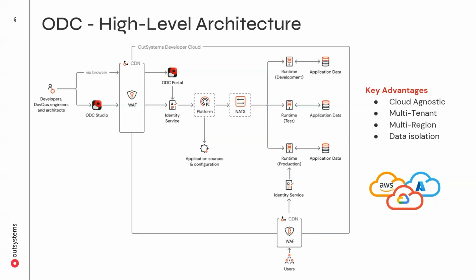This setup helps in managing different stages like development, test, and production separately, ensuring that each stage is secure and scalable. The ODC architecture also keeps the multi-tenant platform services segregated from customers' runtime environments, ensuring that the platform will provide reliable services to customers while providing secure and isolated deployment of their applications.